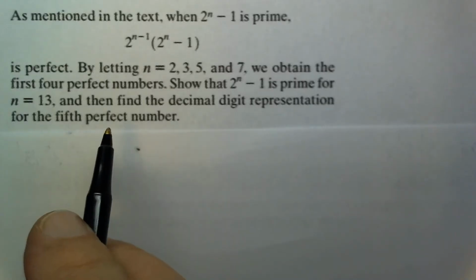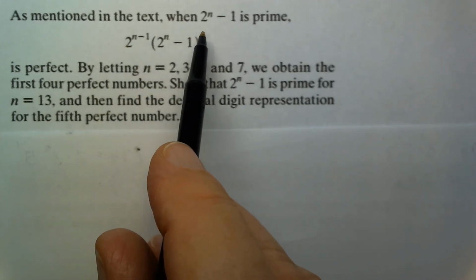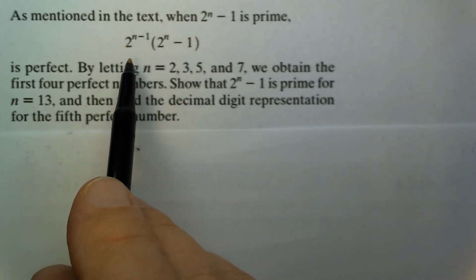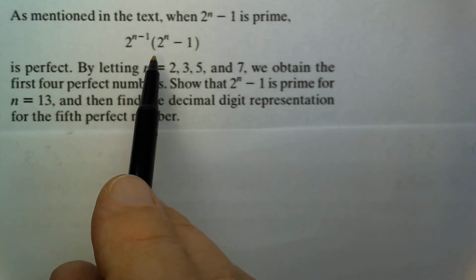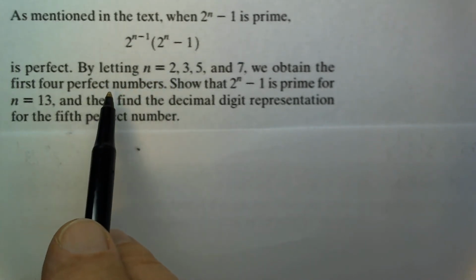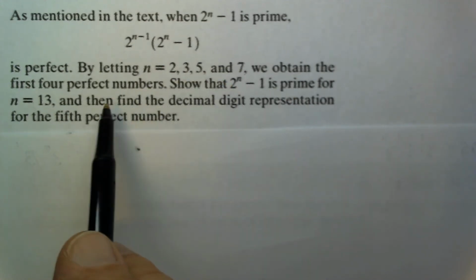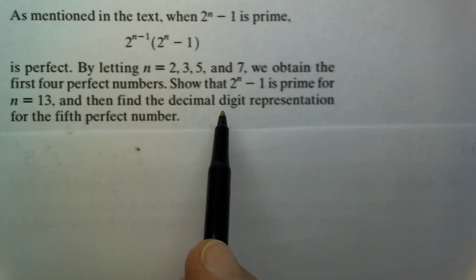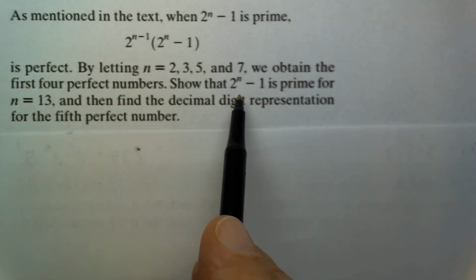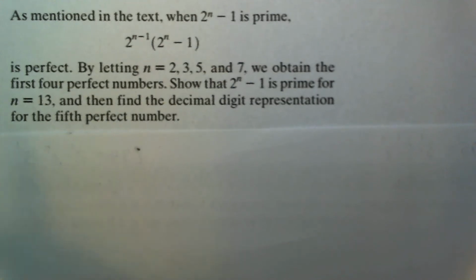The next exercise consists of several parts. As mentioned in the text, when 2 to the n minus 1 is prime, then 2 to the n minus 1 times 2 to the n minus 1 is perfect. By letting n equal 2, 3, 5, and 7, we obtain the first 4 perfect numbers. Show that 2 to the n minus 1 is prime for n equals 13.